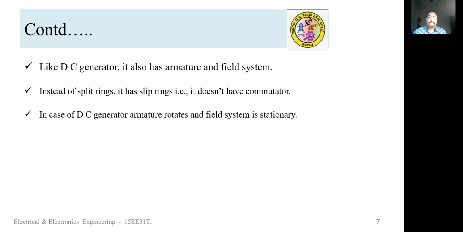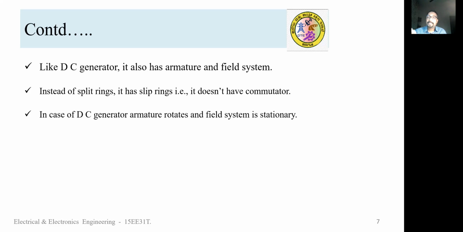Next one. This point is as important as the previous one. In a DC generator, the armature rotates, but the field system is stationary. In a DC generator, the armature, that means the conductor, will rotate.